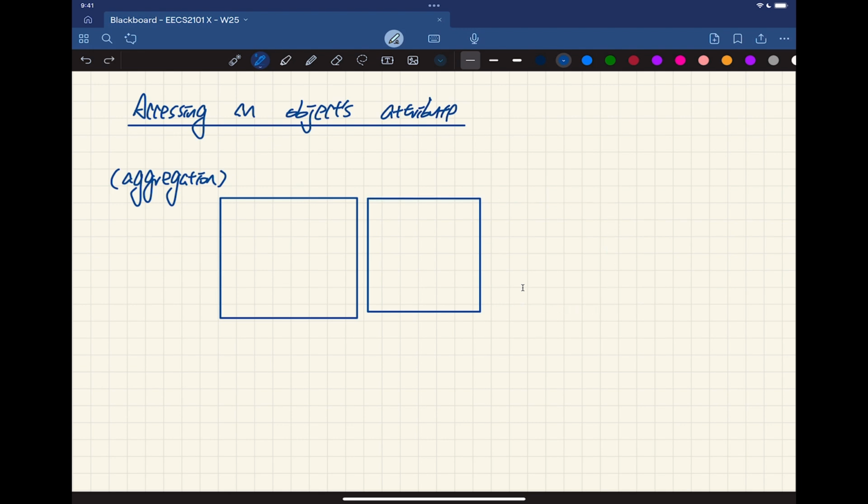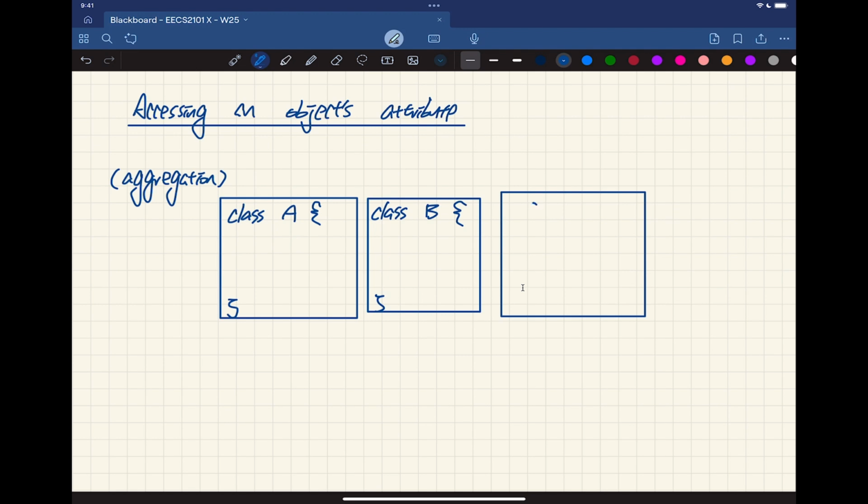Okay, let's call them A, B, and C. So let's say we have class A, and also class B, and also class C. Very typical. Of course, in a more complicated application, you might have hundreds of classes, which is also very normal.